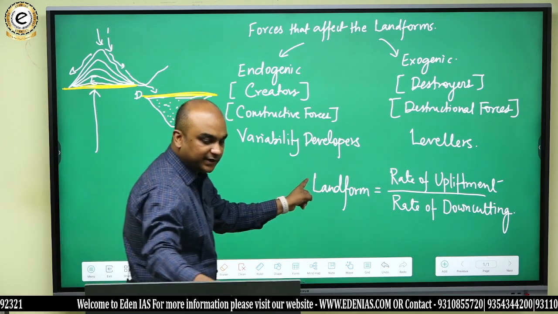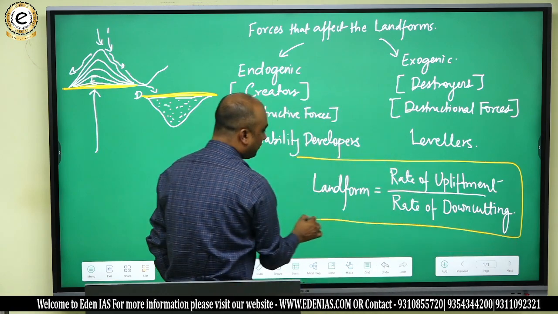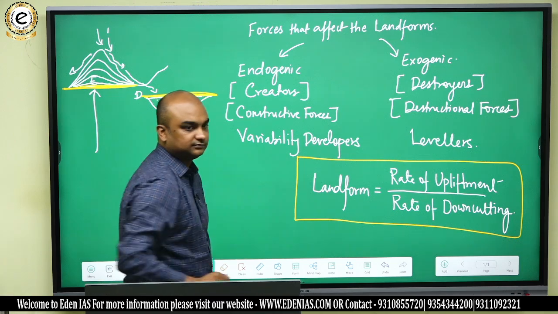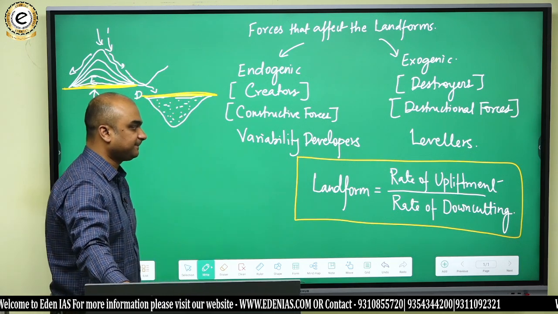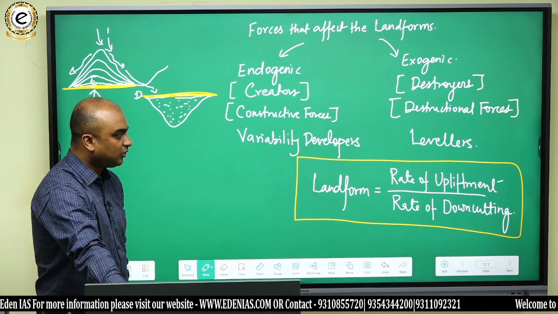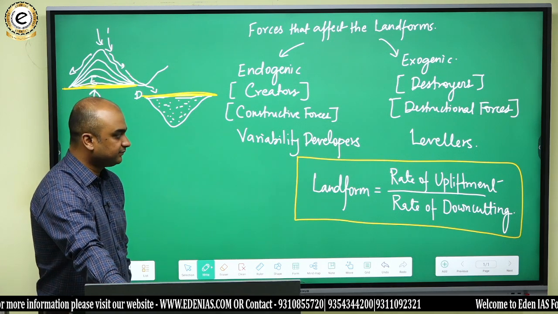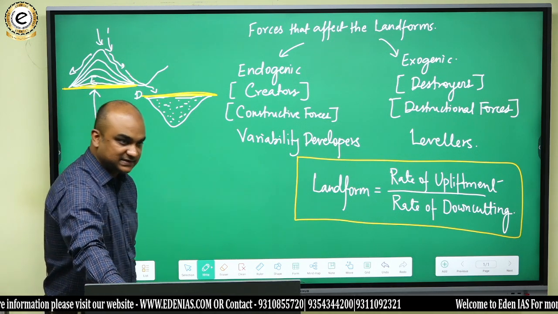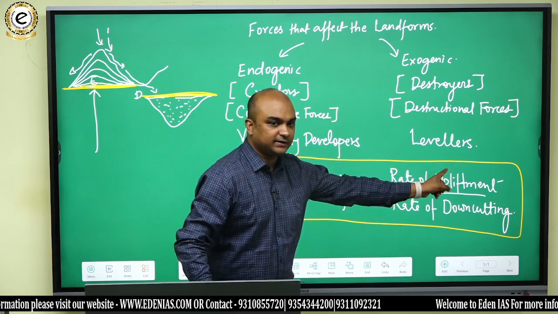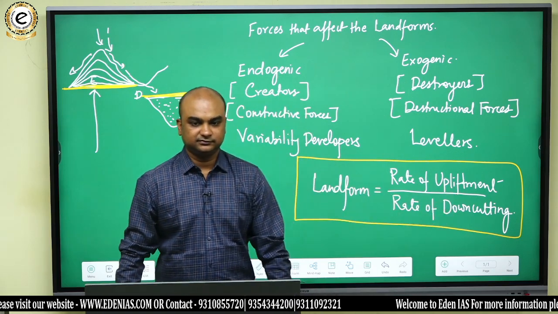After that, you write this equation and you put it in a box. Landform equals rate of upliftment by rate of downcutting. आप ऐसे भी लिख सकते हो, rate of endogenetic upliftment by rate of exogenetic downcutting.